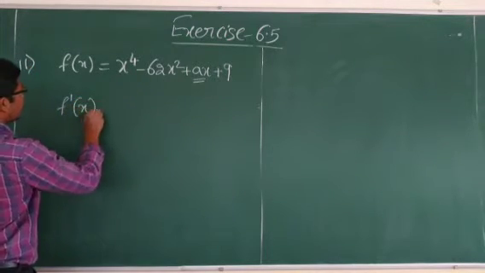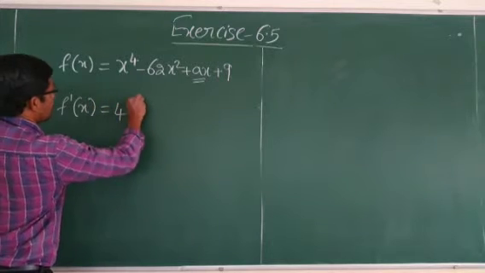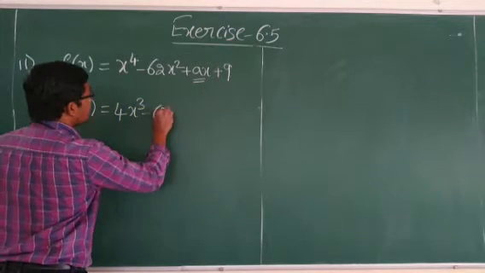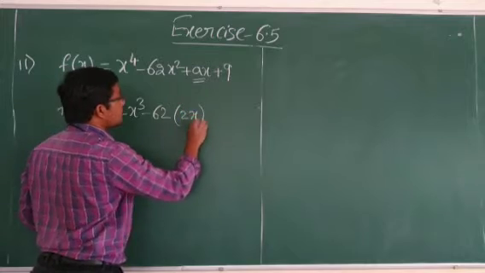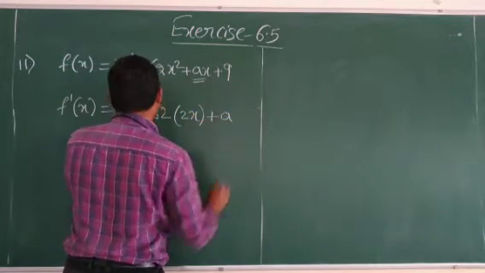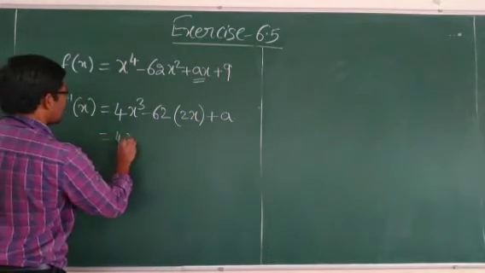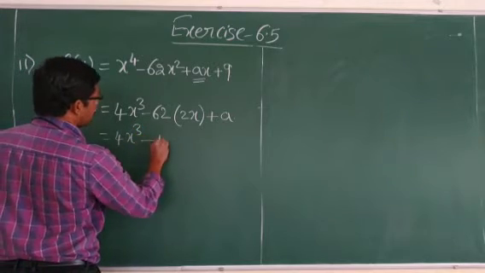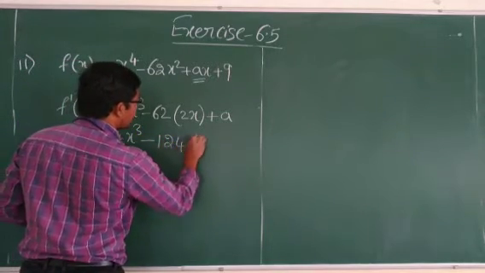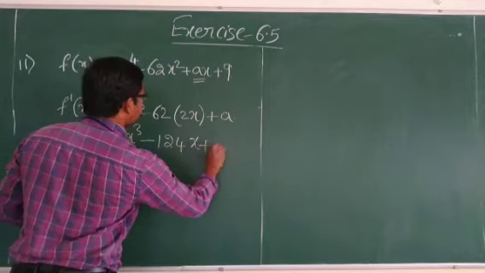So if we take the derivative, we get 4x cube minus 62 into 2x plus a. So this is equal to 4x cube minus 124x plus a.